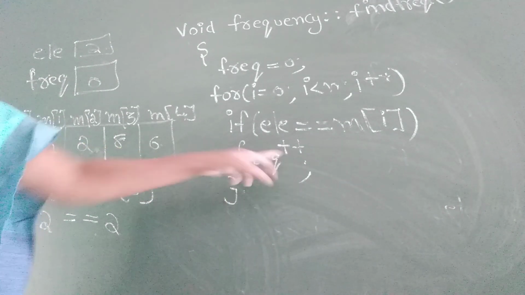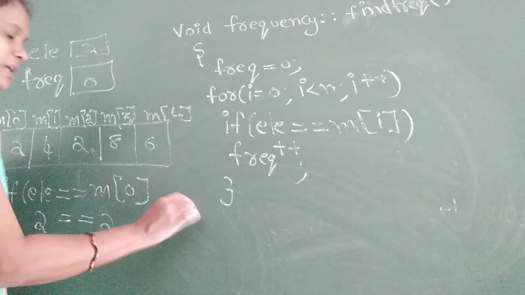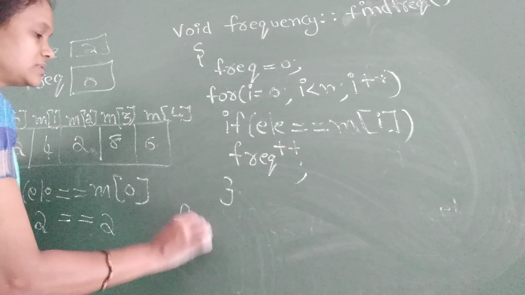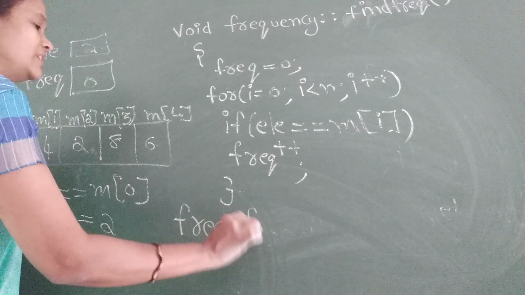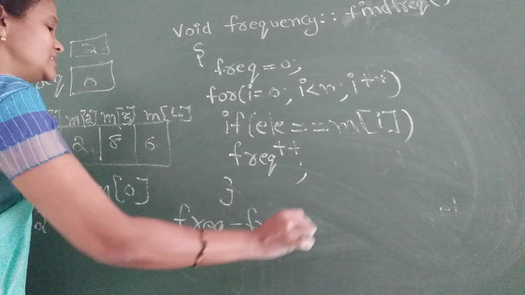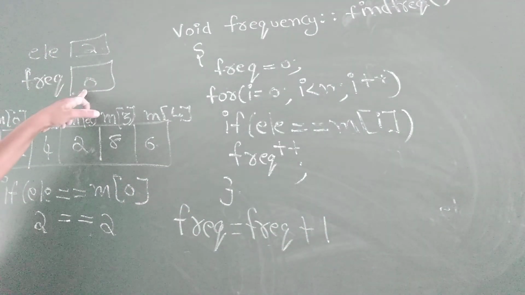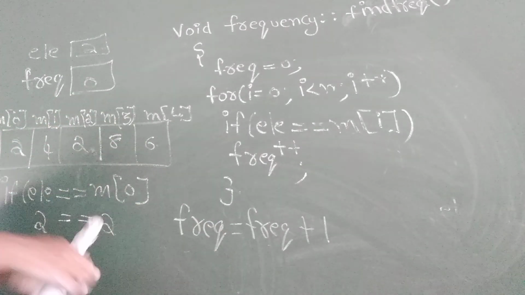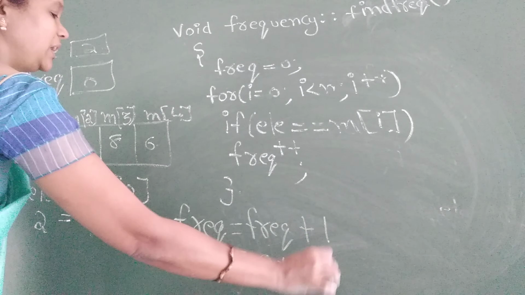Frequency plus plus. What is meant by frequency plus plus? One second, students. Frequency is equal to frequency plus 1. Before, frequency is 0, plus 1 means it will be 1.